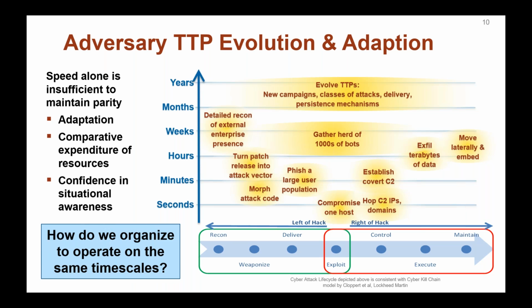So a lot of what I'm going to talk to you about today is how we organize the SOC to maintain parity, or have better situational awareness and better turnaround of both their perceptions and their ability to adapt than the adversary.